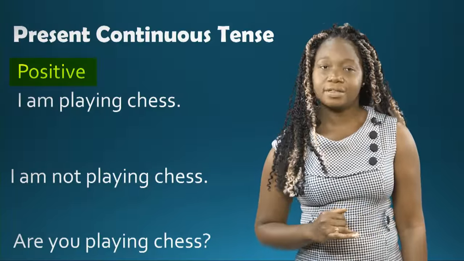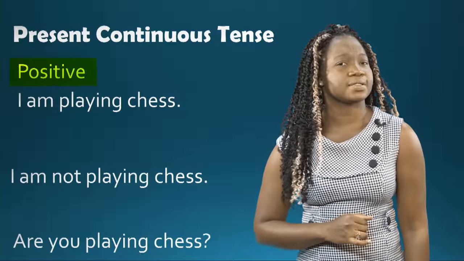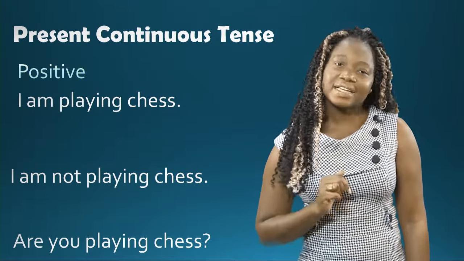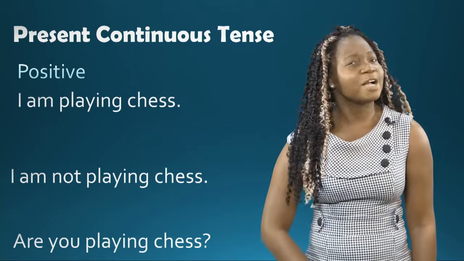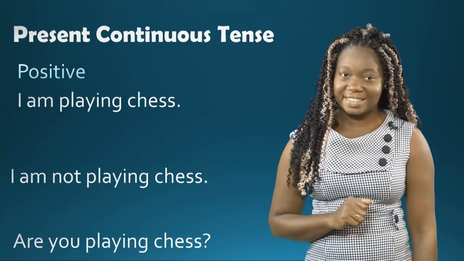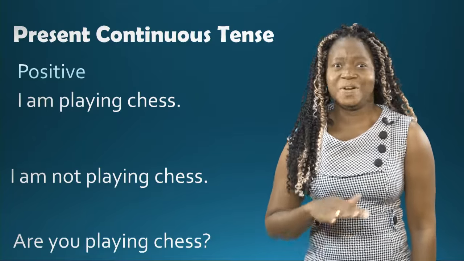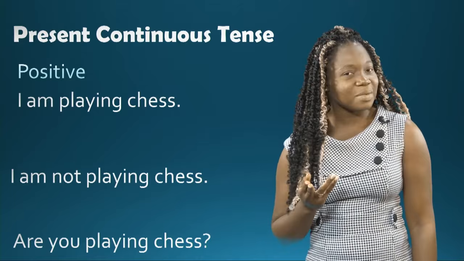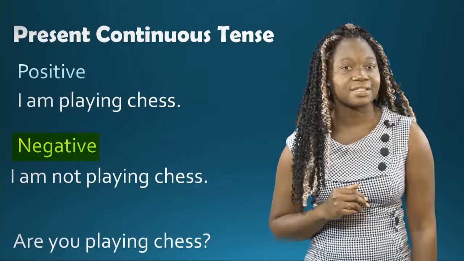I am playing chess. I'm doing that. The second sentence, however, I am not playing chess. So if the first one was positive, and now we're saying we're not doing it, that means this sentence is negative.